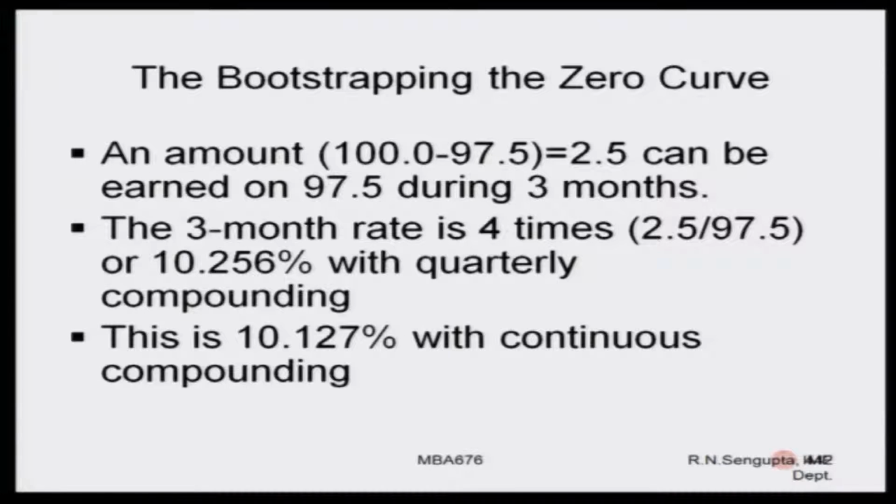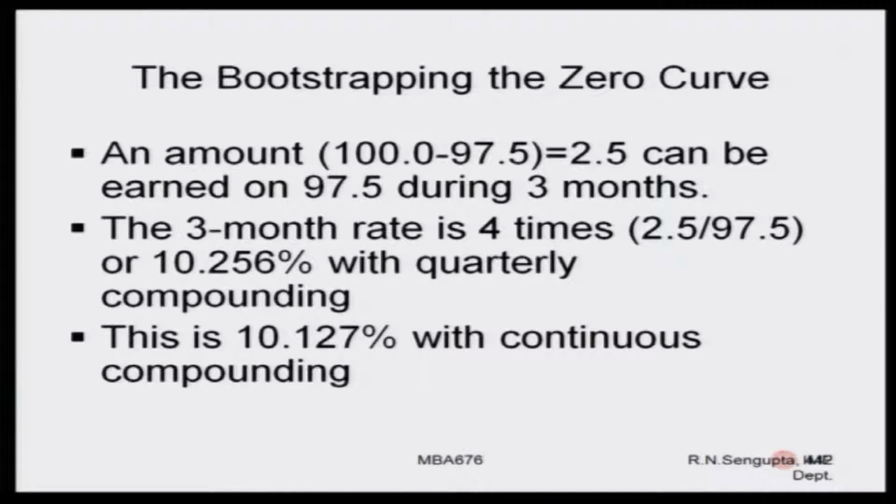Why 4? Because it is compounded 4 times. 2.5 is the amount you receive, and 97.5 is the investment you make. This comes out to be 10.256 per annum, quarterly compounded.